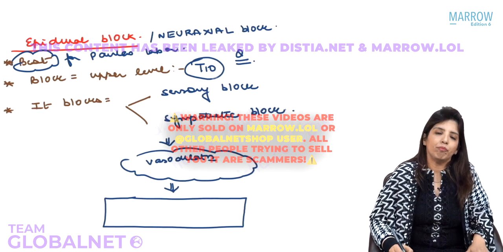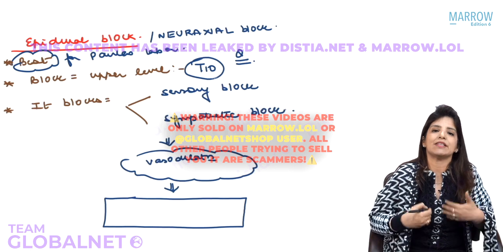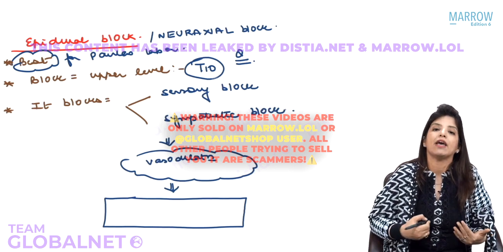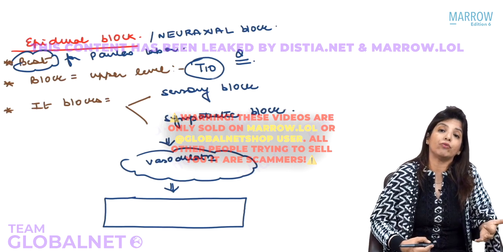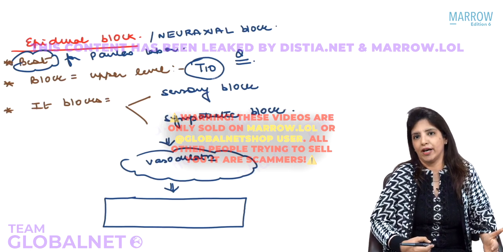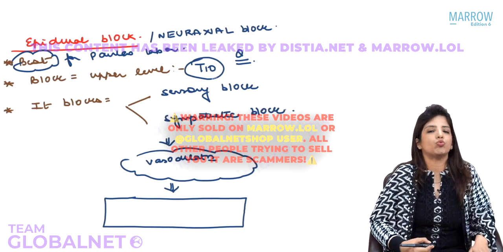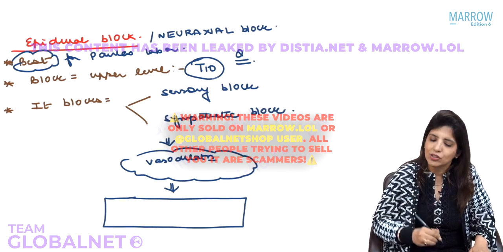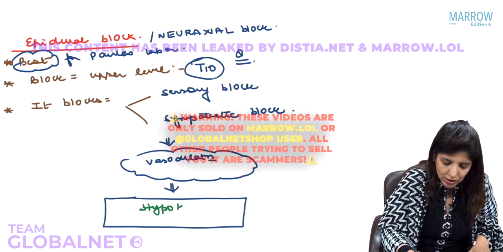Now, because there will be a sensory block, that is why the pain sensations will not be felt. And because there will be a sympathetic block, it will lead to one of the disadvantages of epidural block, and that is this sympathetic block leads to vasodilatation, and this vasodilatation leads to hypotension in the mother.